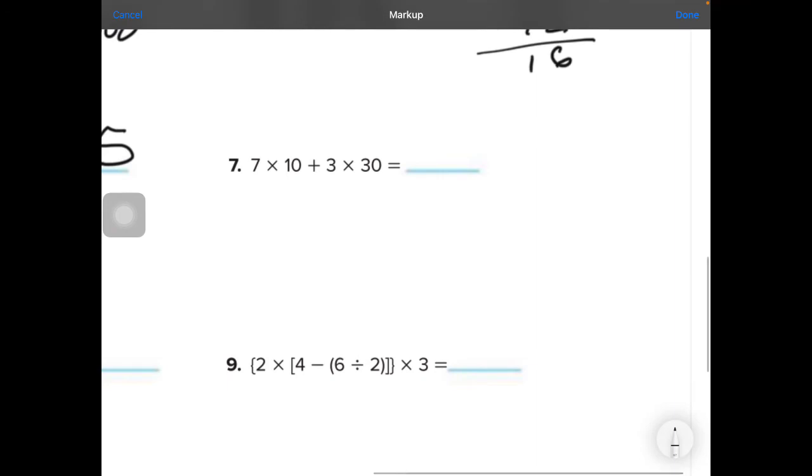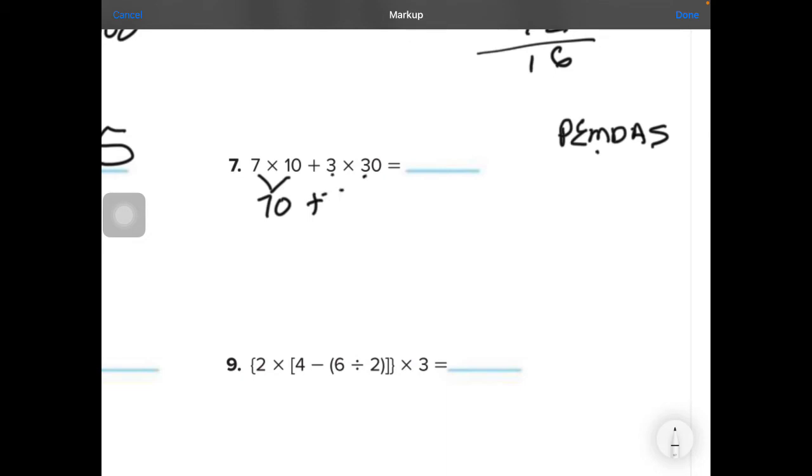Okay, number 7. I don't see any parentheses or powers. But looking at our Please Excuse My Dear Aunt Sally, I see the next thing I need to do is multiplication before addition. So let's do some multiplication here. Let's do that as 70 plus, well, let's see, 3 times 30.